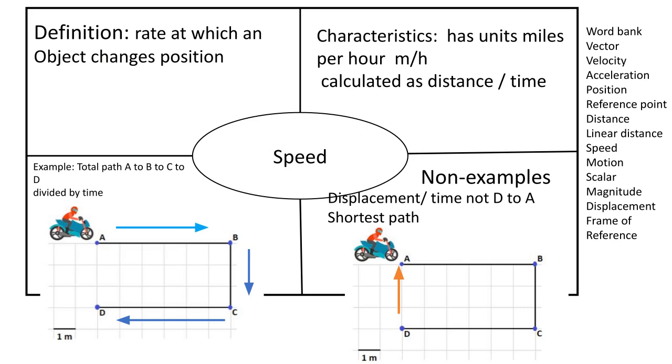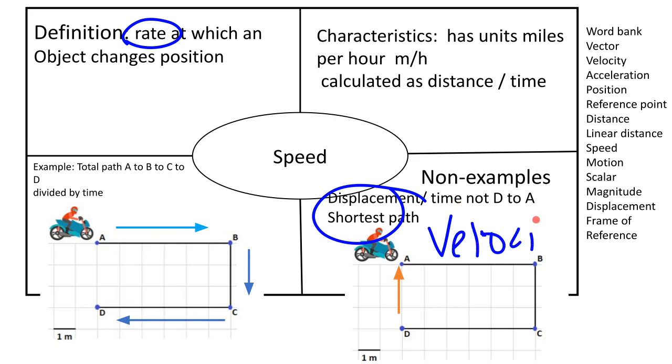Okay, speed is the rate of change, how fast something goes in the total distance, not the displacement. That's velocity, and that's a vector, because we have north, south, and east and west.